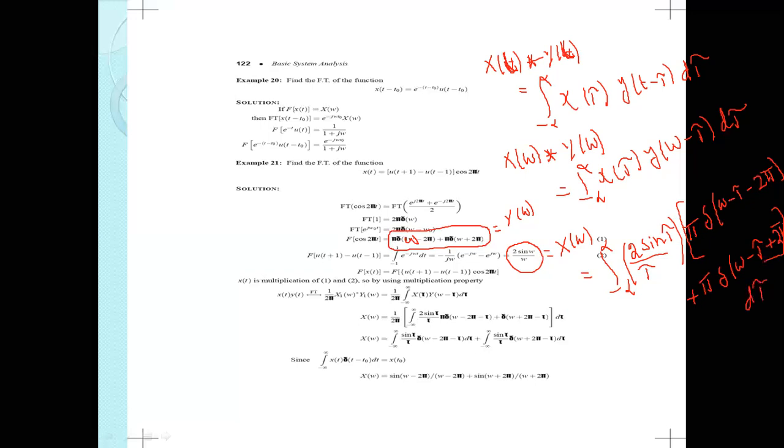Now we substituted the X of omega, Y of omega in the convolution equation, and split it into two parts as an integral.